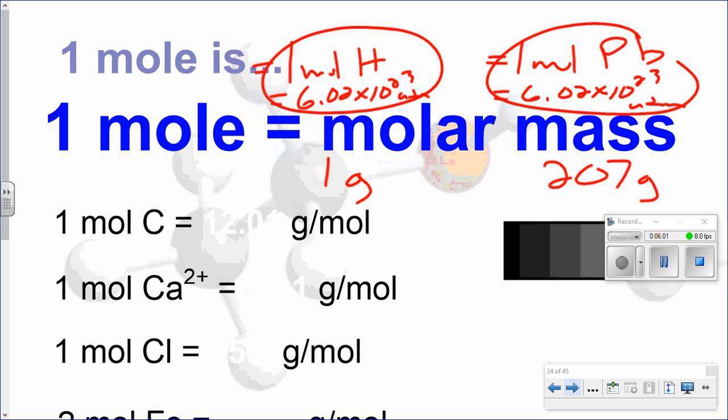So they have different masses. So even though 1 mole is 6.02 times 10 to the 23rd of anything, those anythings are going to have different masses.